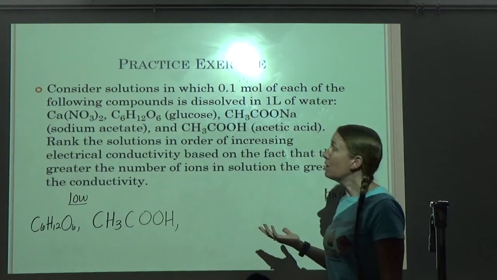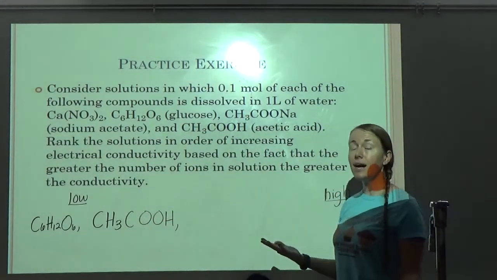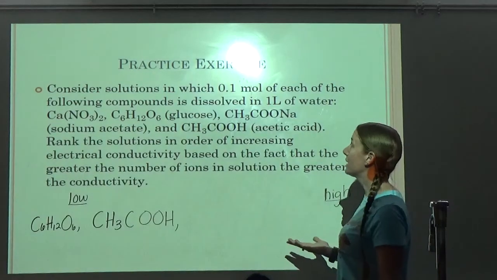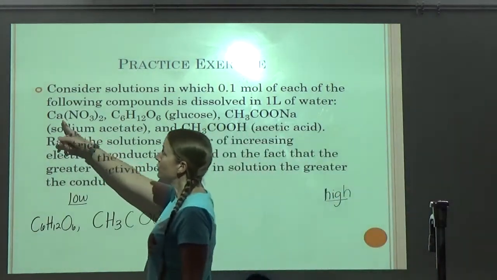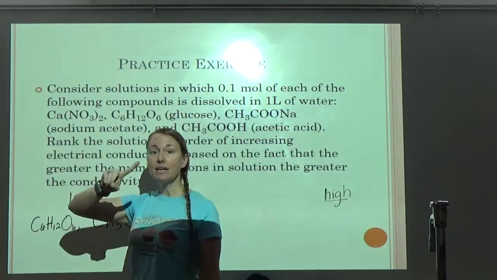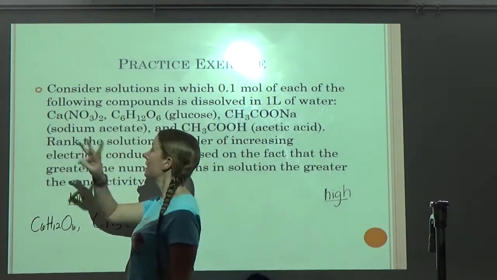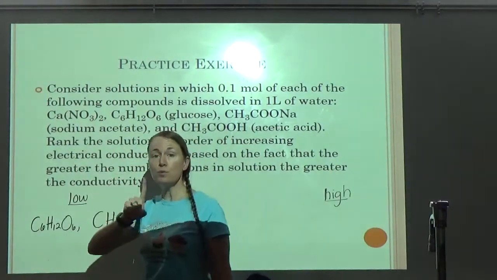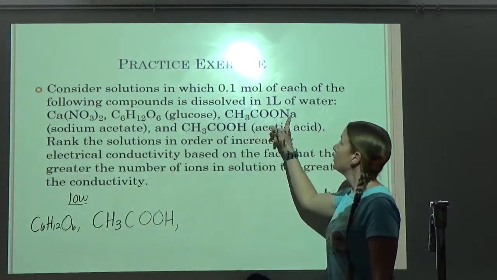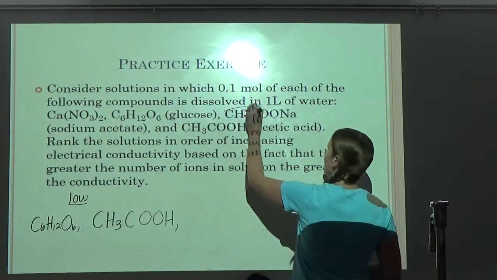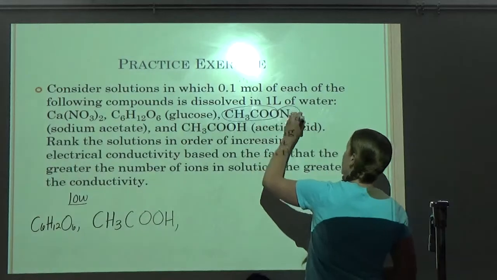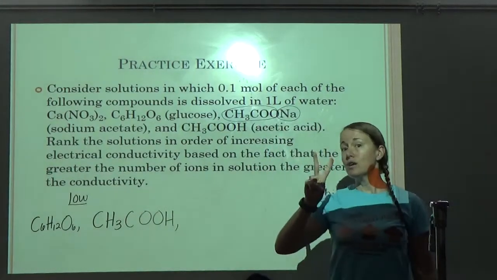All right, so now I'm down to my 2 that will fully break into ions, so I need to see how many ions I am going to get. Well, for calcium nitrate, every one that breaks up, I'm going to get a calcium and 2 nitrates. So I'm going to get 3 ions for every one of those that breaks up. For sodium acetate, remember, don't let the fact that they wrote it differently throw you off. You're going to get 2 ions. You're going to get sodium and acetate.